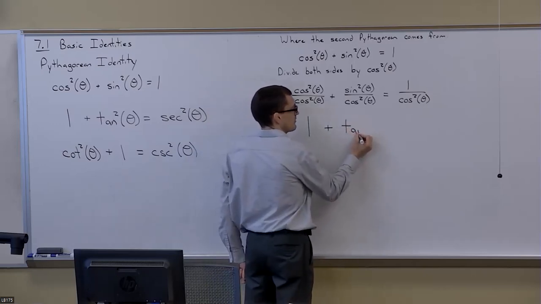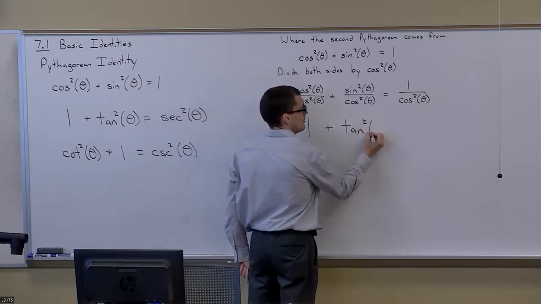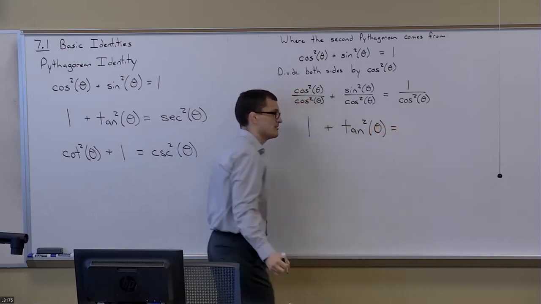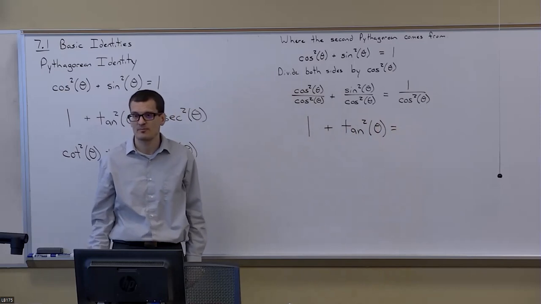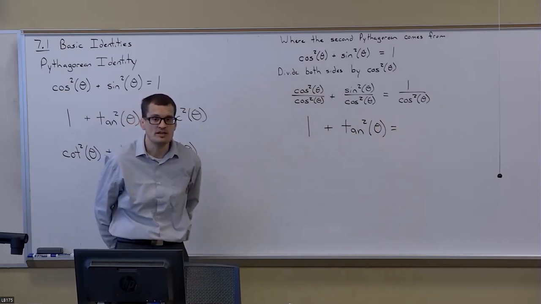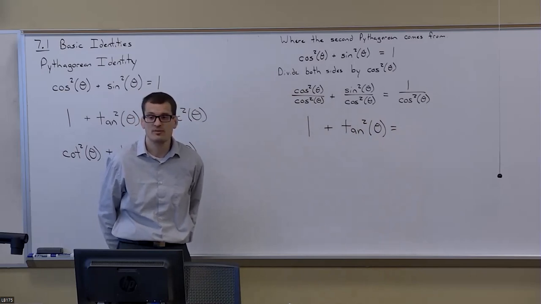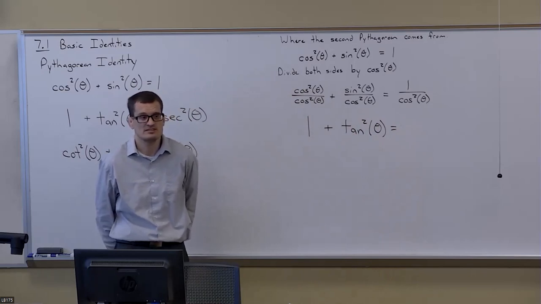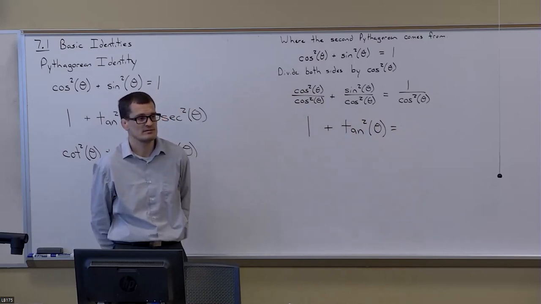Okay with that? Sine over cosine is tangent, so sine squared over cosine squared is tangent squared. 1 over cosine, we know, is secant. So 1 over cosine squared, it's like 1 squared over cosine squared, is secant squared. That makes sense?